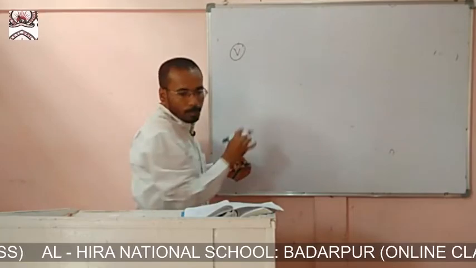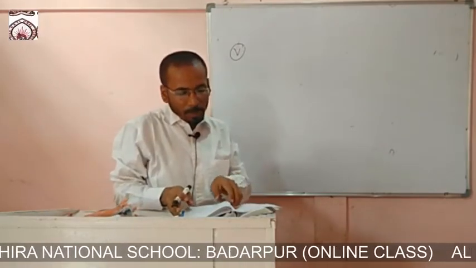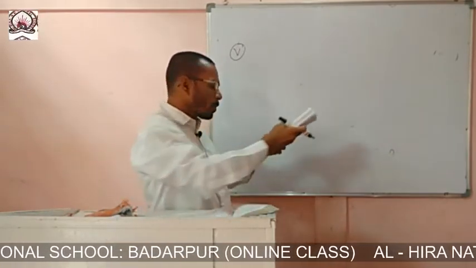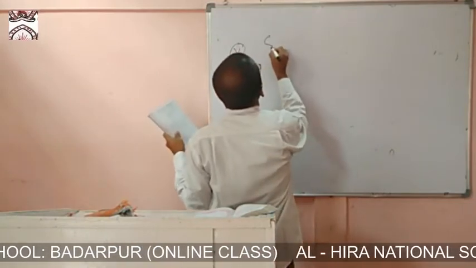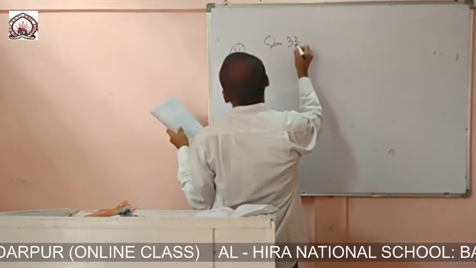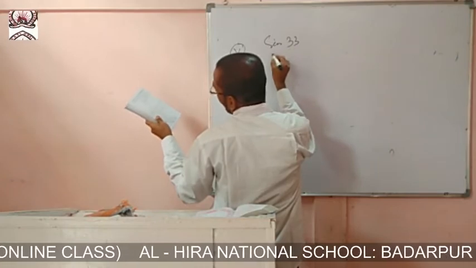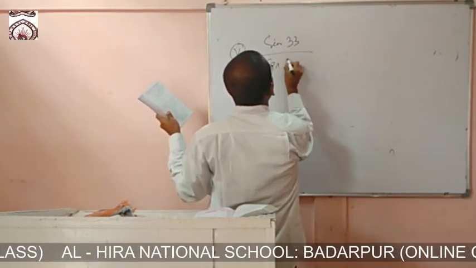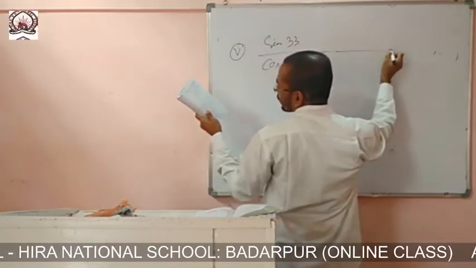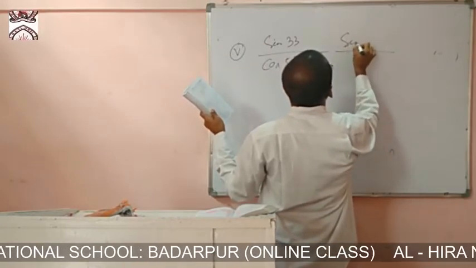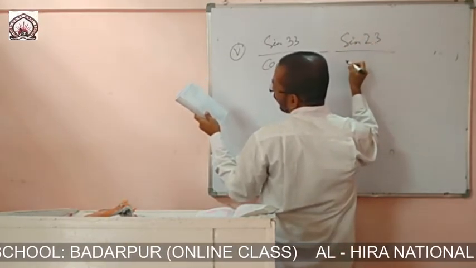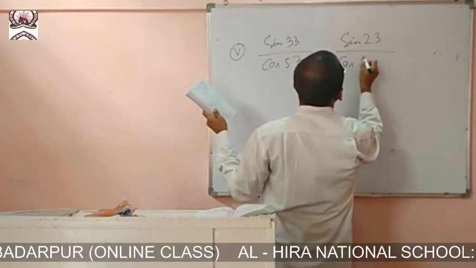Number 5 is sin 33 by cos 57 minus sin 23 by cos 67.